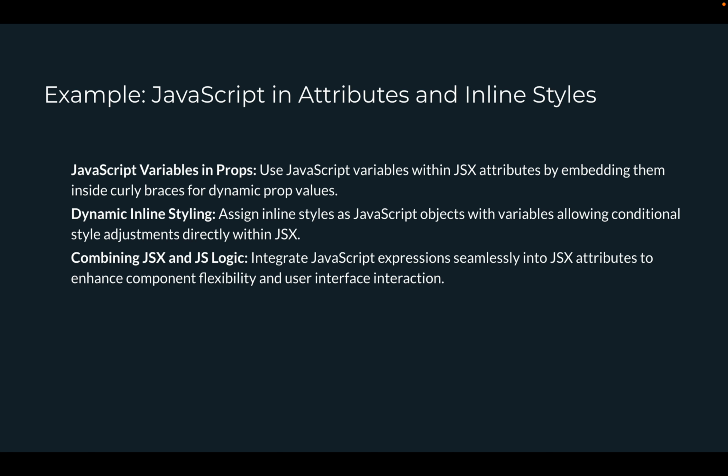Next, the example of JavaScript in attributes and inline style. Use a JavaScript variable within a JSX attribute by embedding it inside curly braces for dynamic prop values.